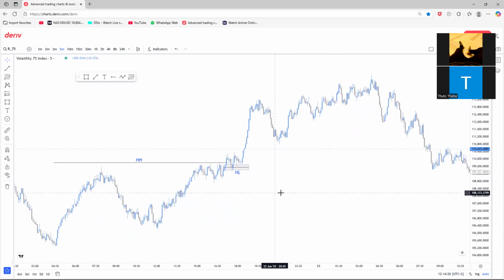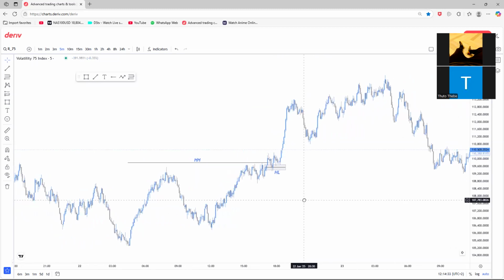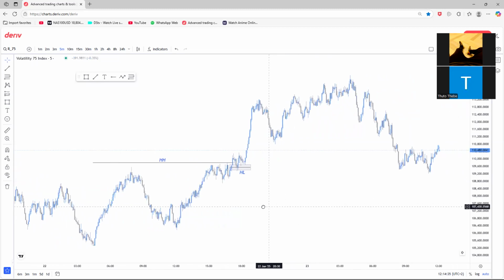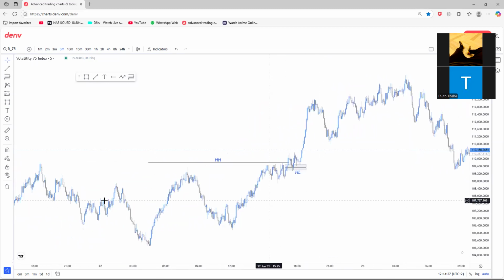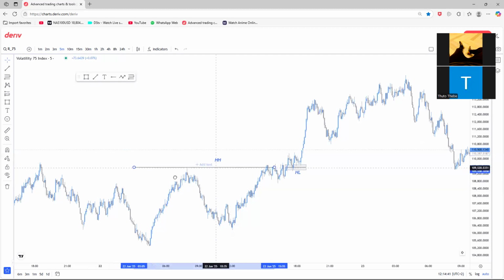Okay, let's find another example of a higher high, which is higher than the other highs. Okay, we have this, but then this one is happening on 10 minutes or 15. Let's see.